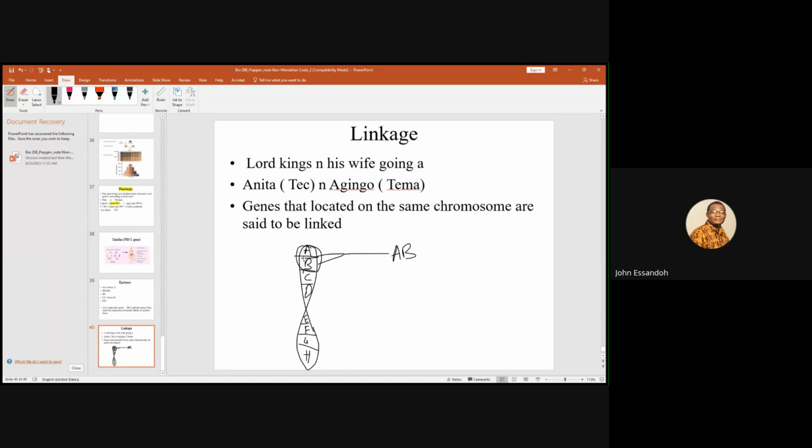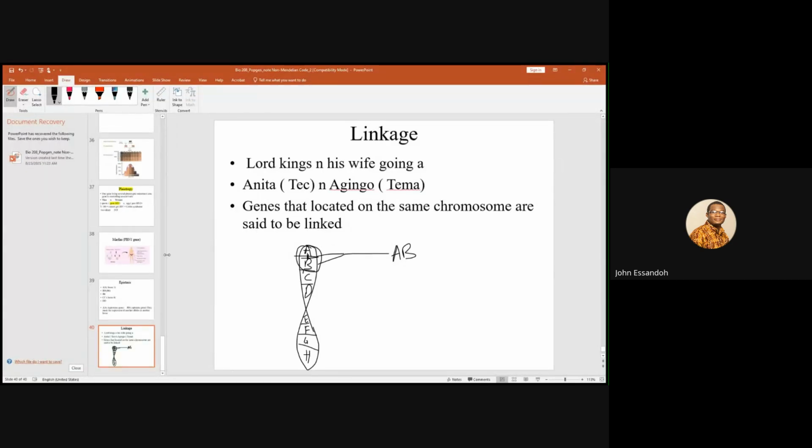But genes that are far apart are likely to be separated during crossing over. Based on this, we can even use the frequency of crossing over between two genes to tell whether they are close on the chromosome or far apart.